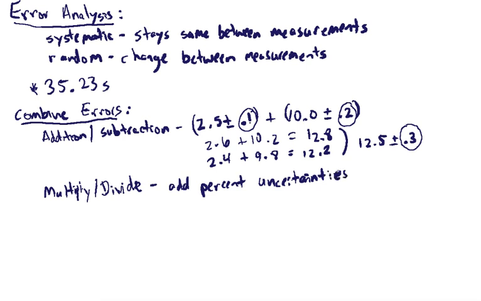Add the percent uncertainties. So for example, if we had 50 plus or minus 5 meters, and we traveled that distance in 10.0 plus or minus 2 seconds, we'd get a big variation.